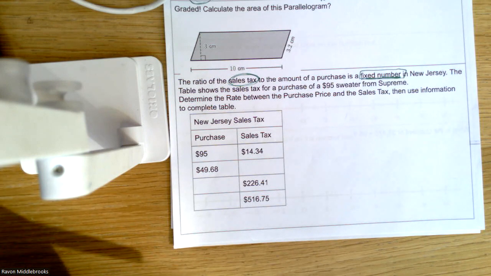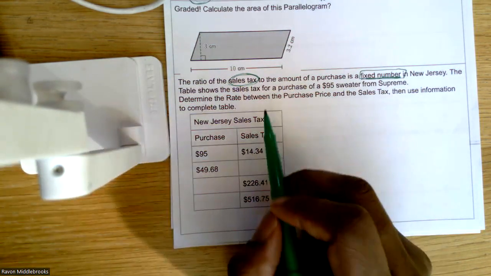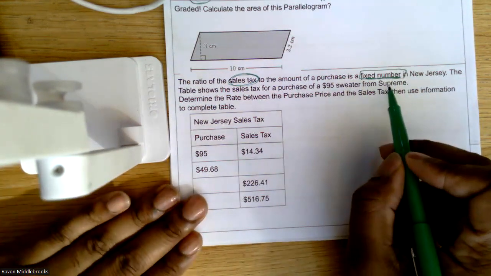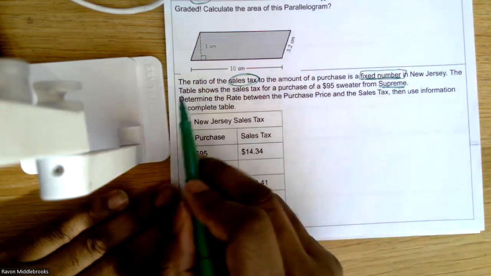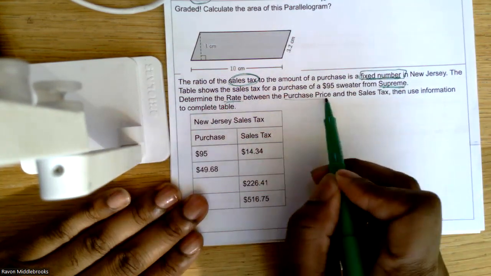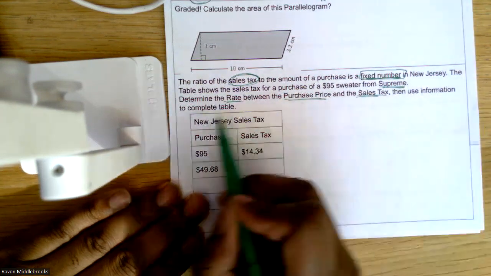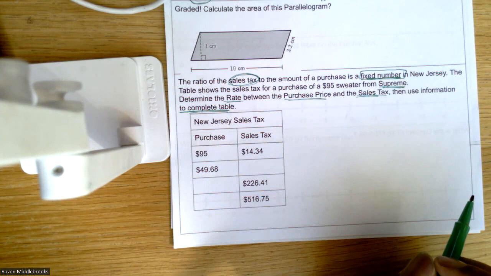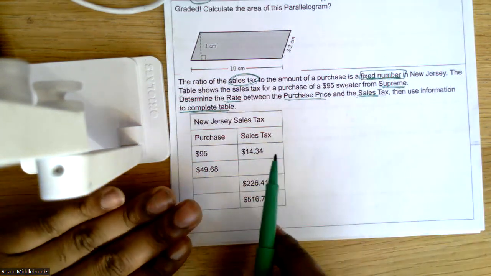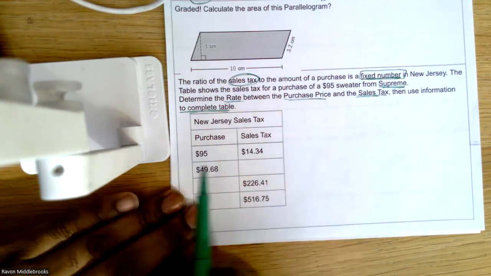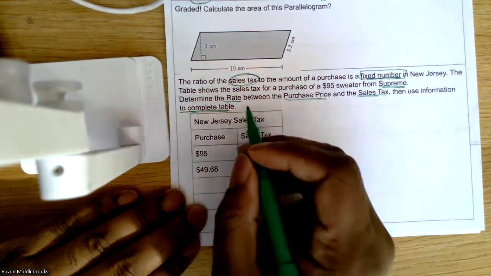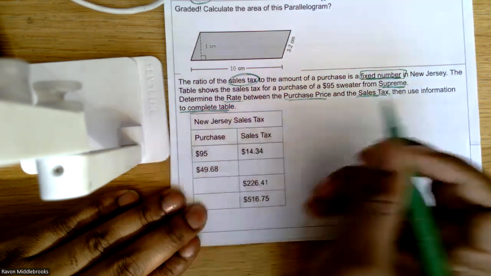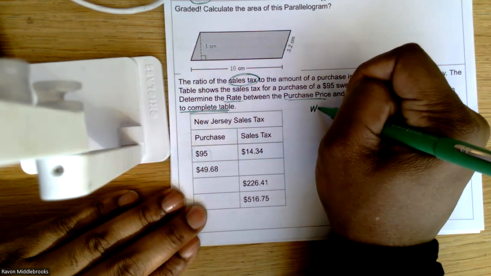In New Jersey, the table shows the sales tax for a purchase of a $95 sweater from Supreme. Oh, Supreme sweaters are nice. Determine the rate between the purchase price and the sales tax, then use the information to complete the table. Now, when you're determining the sales tax, you have to figure out the relationship between the purchase and the sales tax.